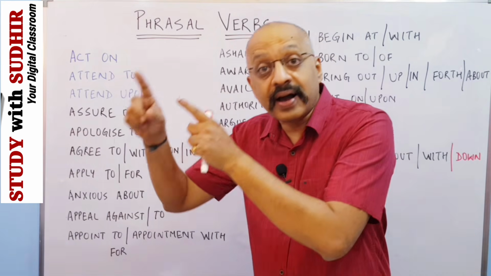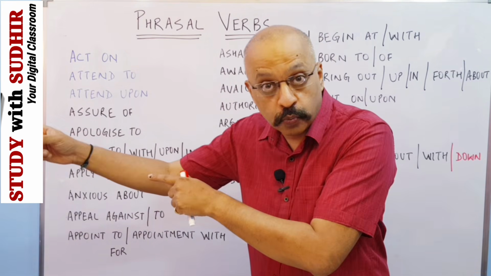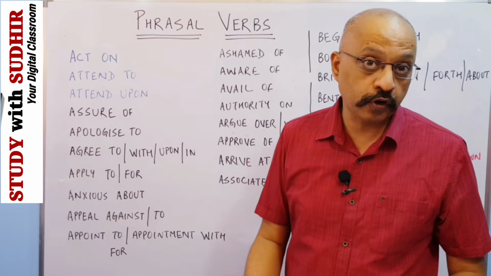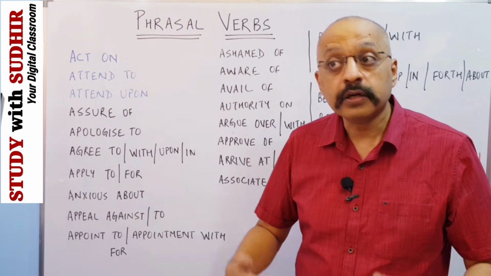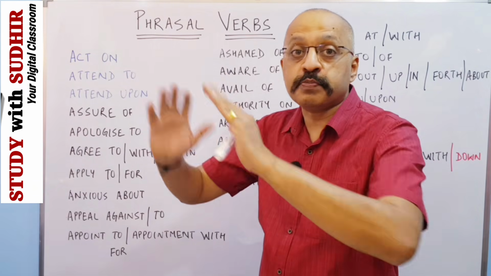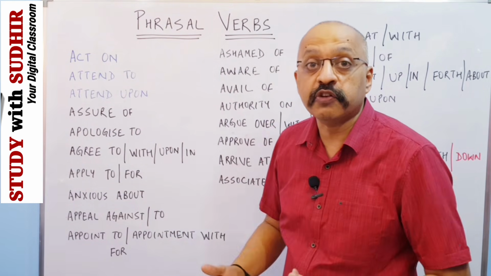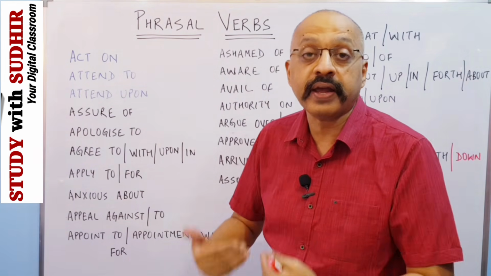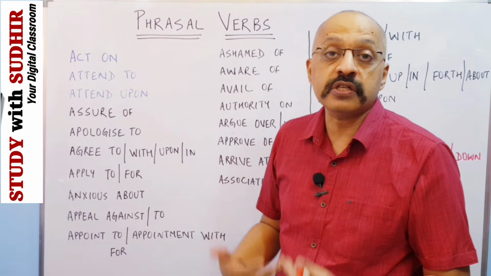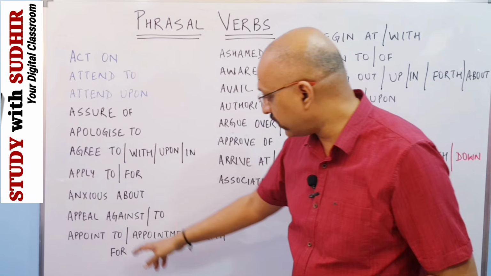So you are appealing against the judgment in the Supreme Court, right? We appealed to the government for help. Whenever you are appealing to a higher, superior authority, it will be to. You make an appeal to the government, you make an appeal to the Chief Justice for help, right? So that is appeal.